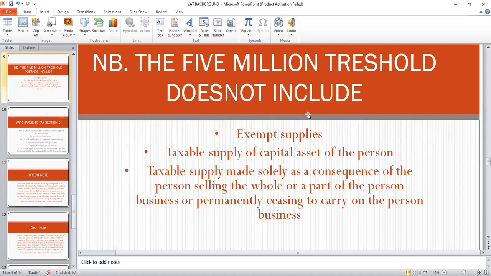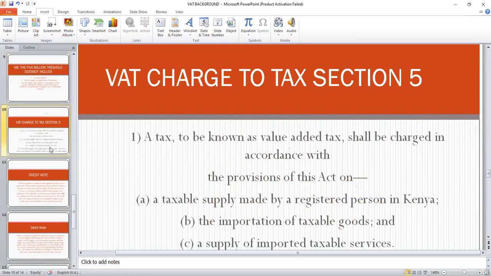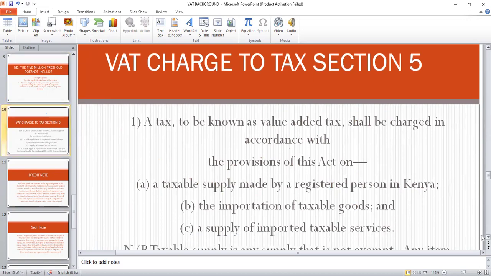When you sell your business or permanently cease to carry on the business, provided that it is solely a consequence of selling the business, you are not supposed to include that in the threshold for the 5 million sales.